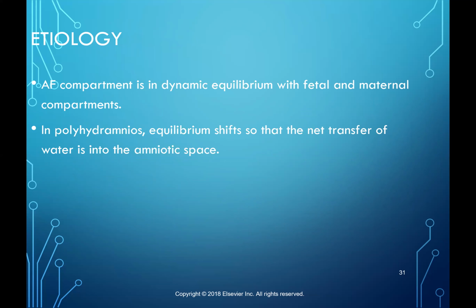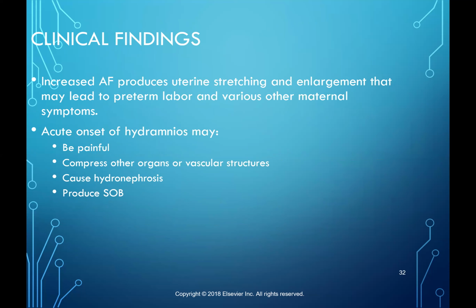So the amniotic fluid compartment is in dynamic equilibrium with the fetal and maternal components. In polyhydramnios, the equilibrium shifts, so the net transfer of water is into the amniotic space. For some reason, the baby is not absorbing as much as it should or swallowing as much as it should.